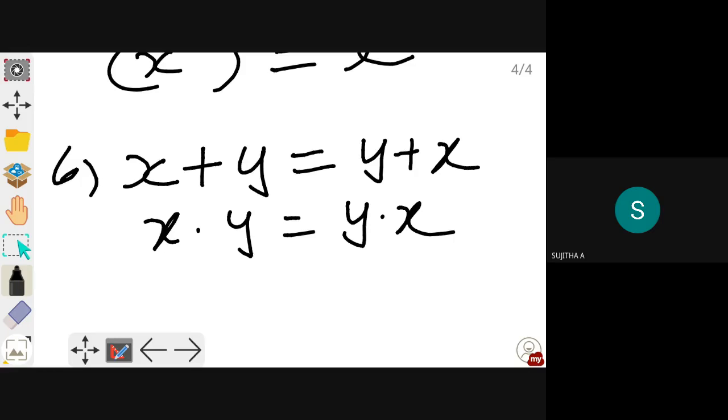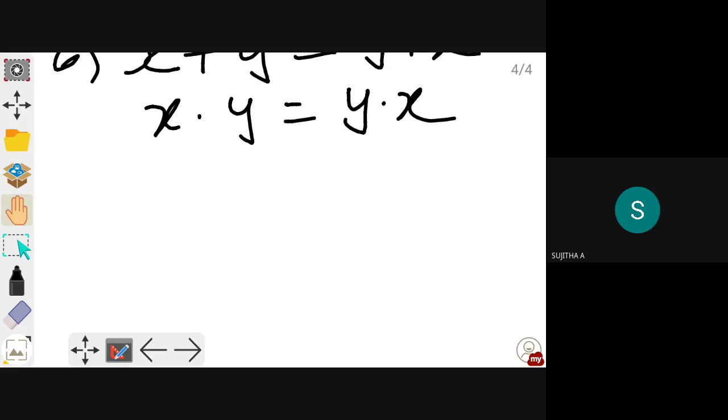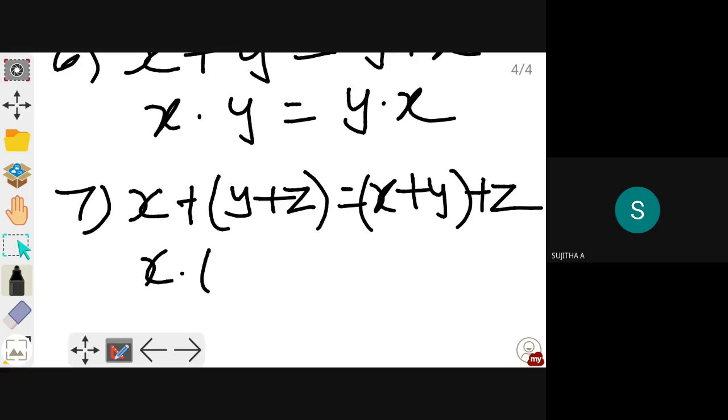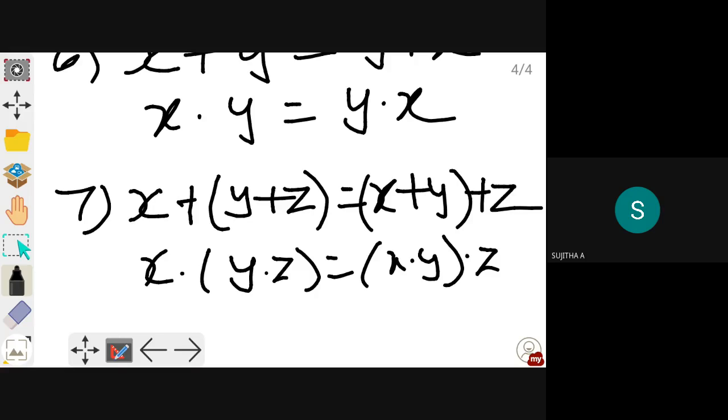You would have studied that also: x plus y plus z is equal to x plus y plus z, similarly x into y into z is equal to x into y into z. So this is the associative law.